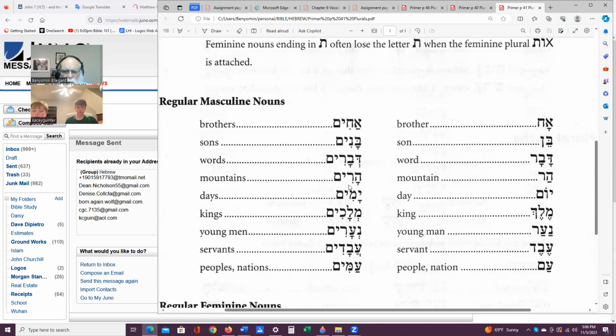Har, harim. Yom, yamim. Melech, melachim. Notice here that we have the same phenomenon, where we have this type of lettering, ri, chi. So you've got melech, melachim, na'ar, na'arim, eved, avadim.